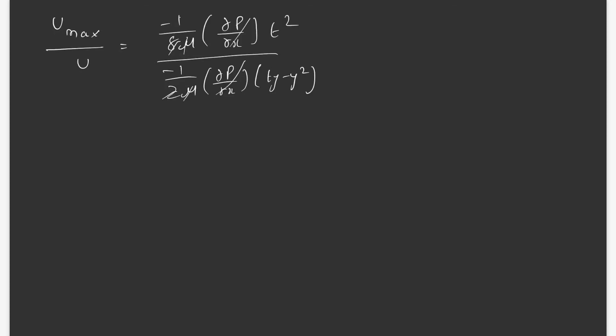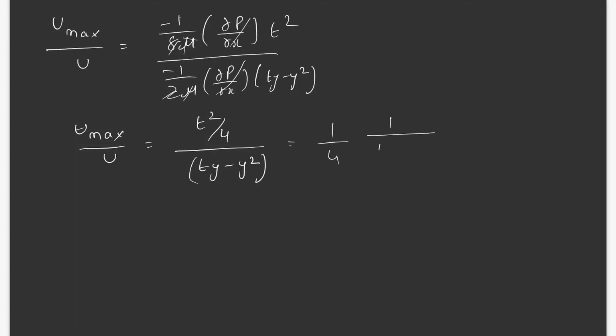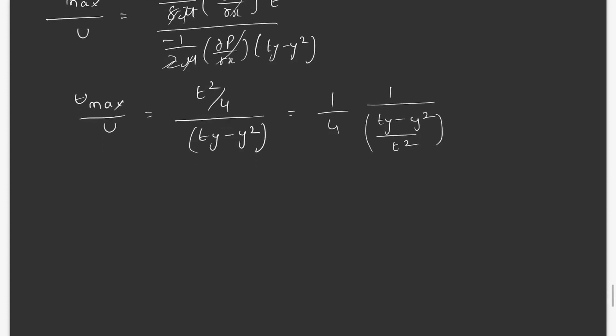U max by u is equal to, minus minus also goes, so t square by 4 by ty minus y square. We'll take 4 downside: 1 by 4, 1 by ty minus y square by t square. So u max by u is equal to 1 by 4 into y by t minus y by t whole square.